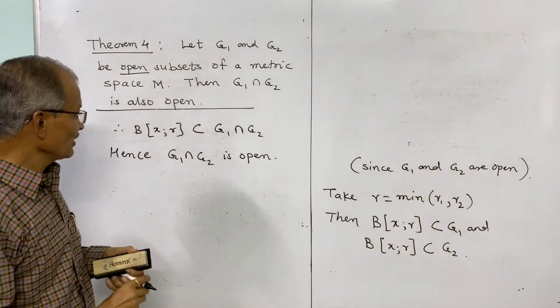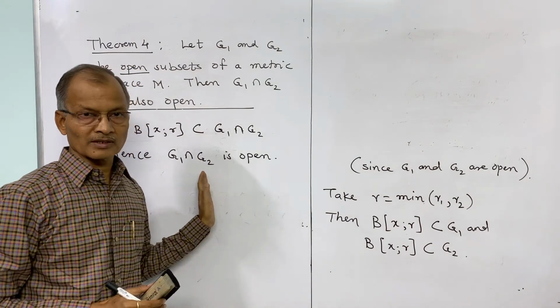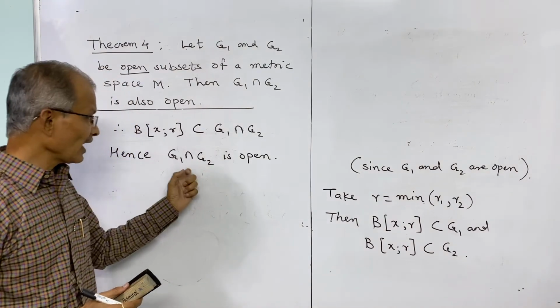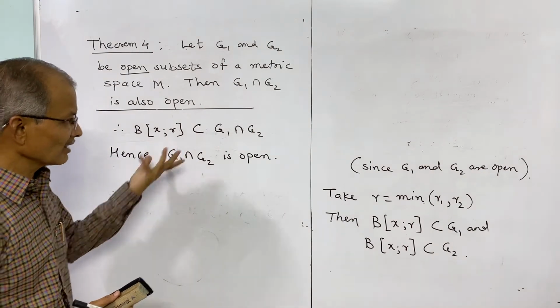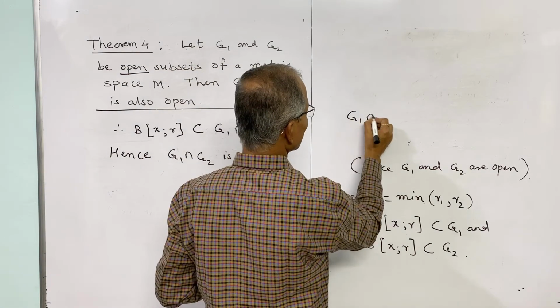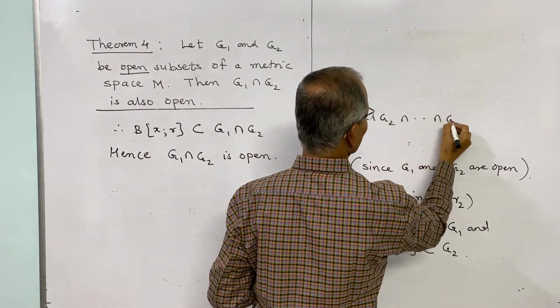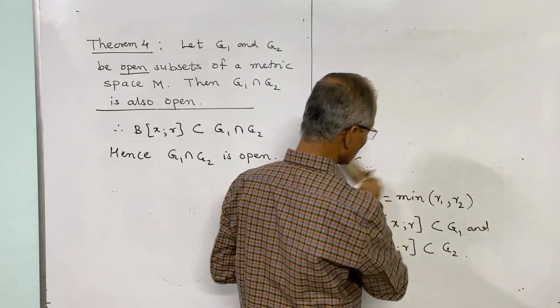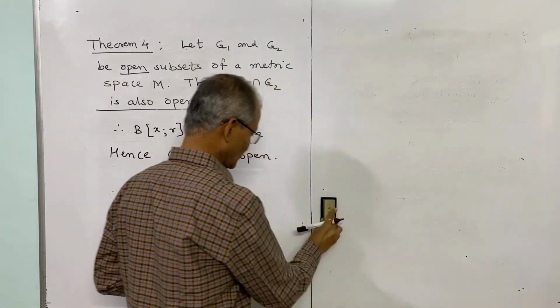We can't say that an infinite intersection of open sets is again open. Only the finite. If G1, G2 are open sets, we may extend this up to finite, that is G1 intersection G2 intersection up to Gn. When n is finite, it will be again open, but that is not true for an infinite number of intersections.